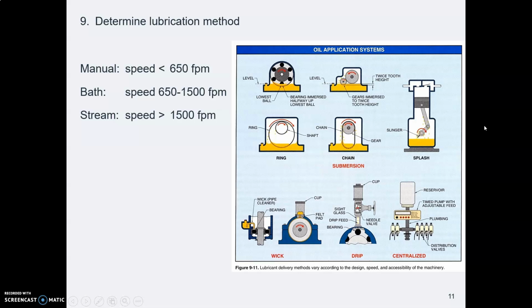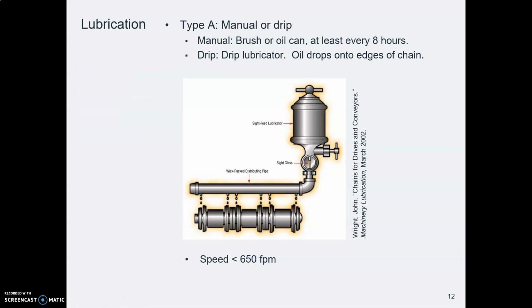And then we figure out what kind of lubrication we need. There are different methods going from least expensive to most expensive, and of course we want the least expensive. So the least expensive, if we can have it in our particular chain drive, is type A. It's a manual system.